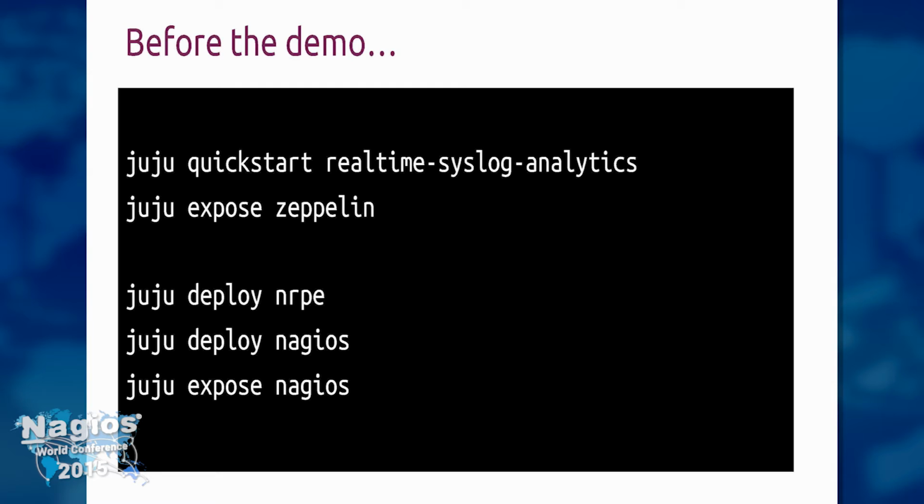By default, all of the Amazon instances are firewalled. You can't get to them. So Juju Expose opens the firewall for certain ports that are defined in Zeppelin, which is the notebook that we looked at. I also deployed NRPE and Nagios, and then I exposed Nagios as well because that's also behind the firewall until you expose it.